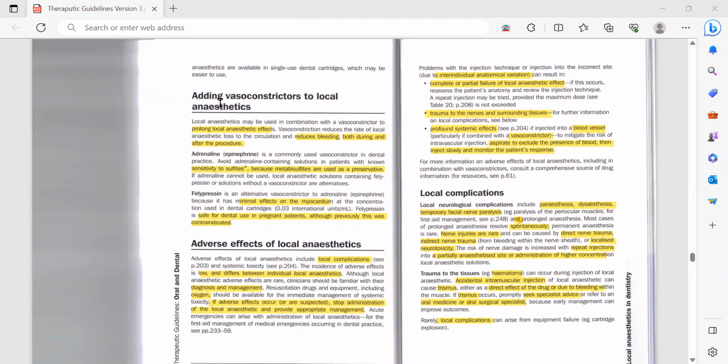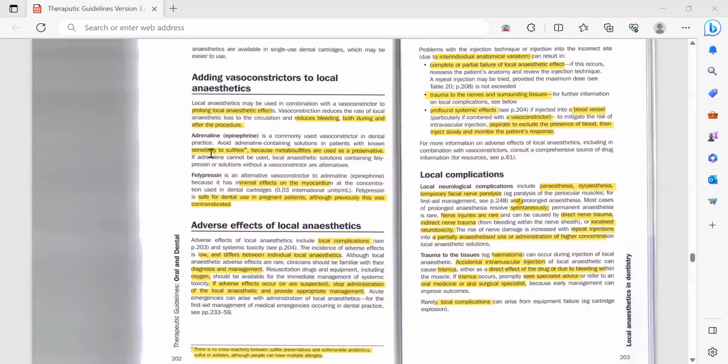In every LA, we generally use a vasoconstrictor to increase the duration of the effect of LA, to stop the anesthetic loss into the circulation, and also to reduce bleeding. So generally we have adrenaline. In some patients adrenaline is contraindicated because adrenaline contains a substitute which is a sulfide.